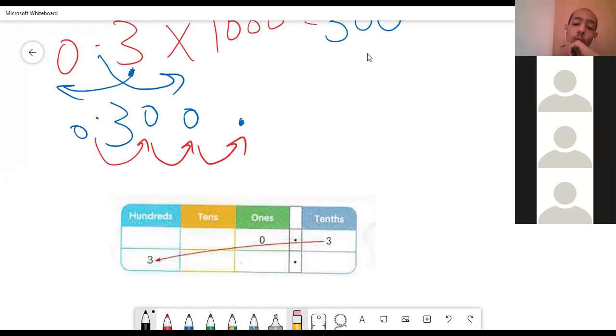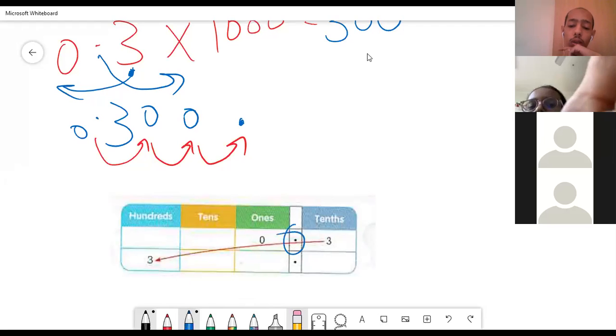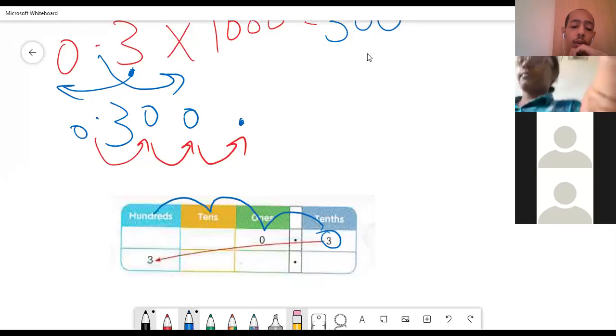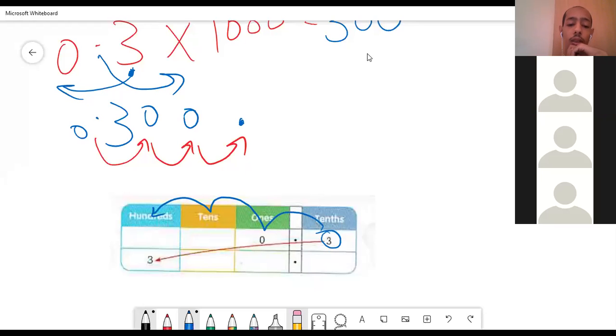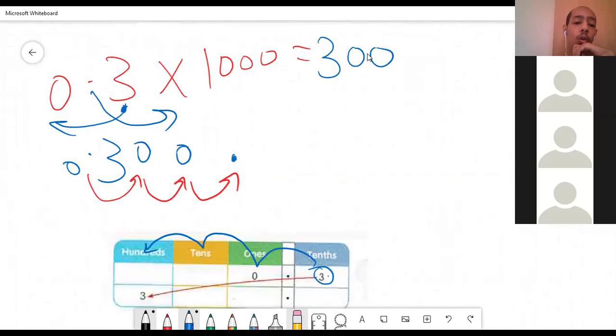It is the same as moving the decimal point to the right. So here they have moved all the digits to the left 3 places.